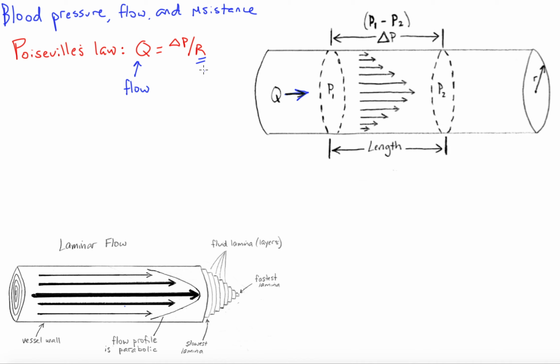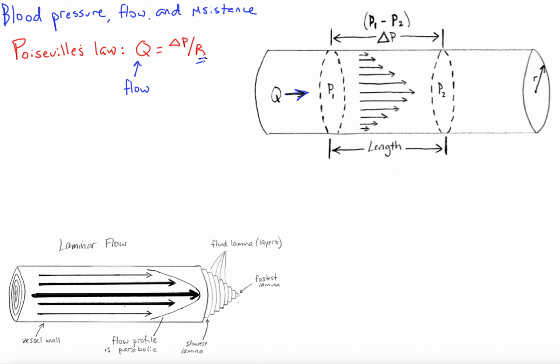And what we see is that while pressure and flow are directly proportional, in other words, if the pressure gradient, delta P, I'll explain that pressure gradient in a second, but if the pressure in the arteries or veins, or capillaries for that matter, goes up, then the flow will go up. These are both on the top of the equation, if you will. So delta P goes up, then Q goes up, flow goes up.